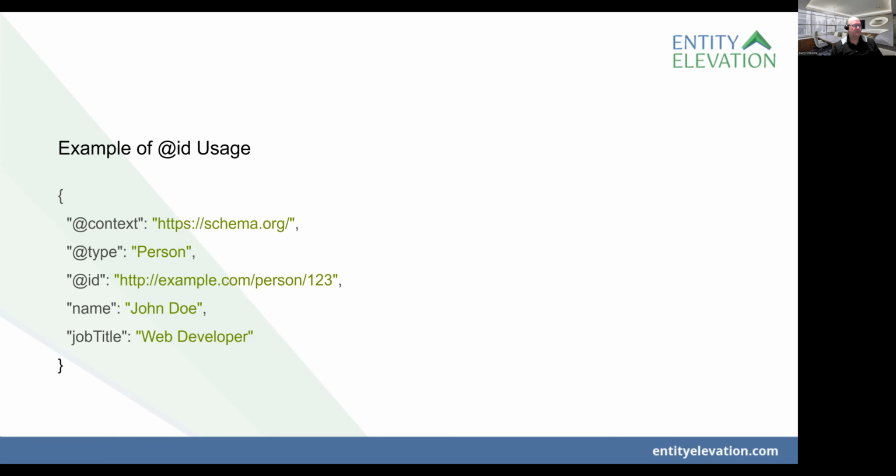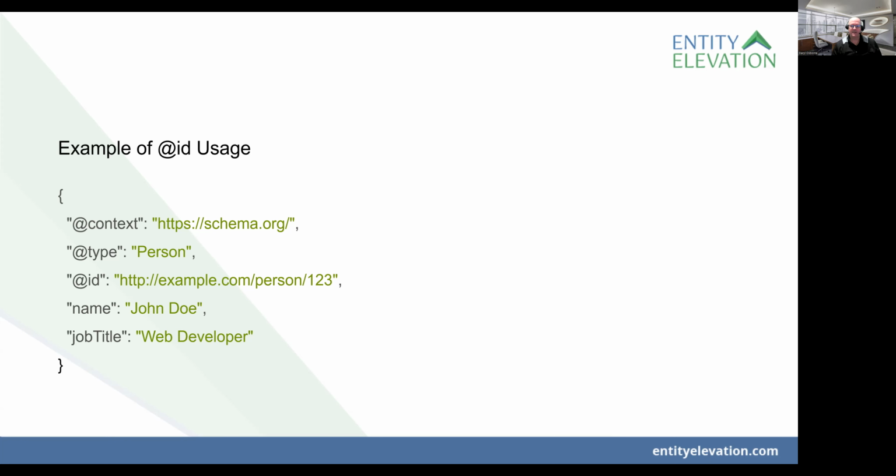So if we look at this example of how we use @ID in JSON-LD, on the screen you'll see a JSON-LD snippet for a person entity. Okay. So here we've assigned the @ID as example.com/person/123 to this person entity. And this unique identifier distinguishes this particular John Doe from any other John Doe on the web.